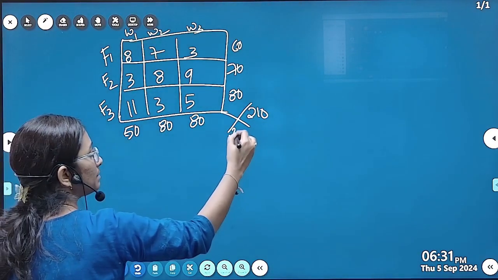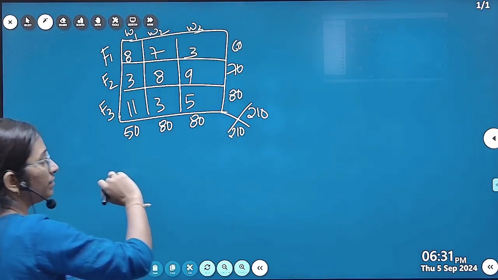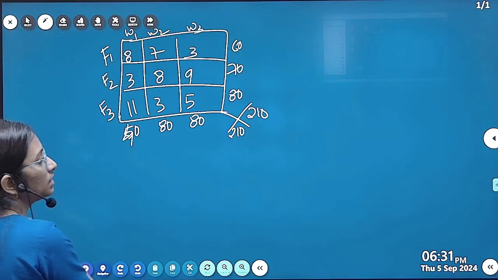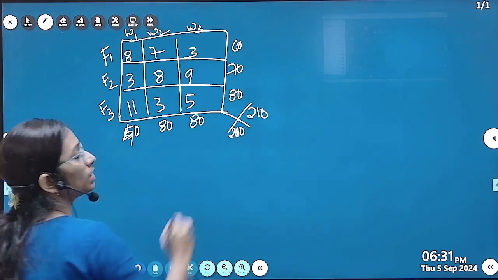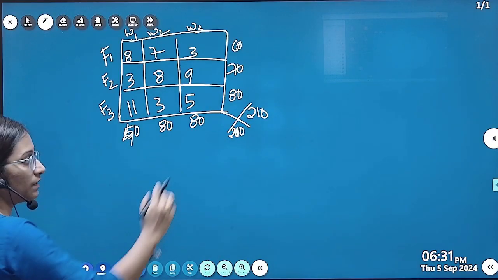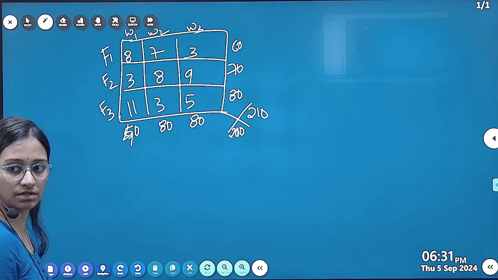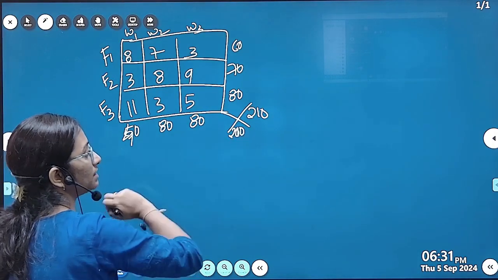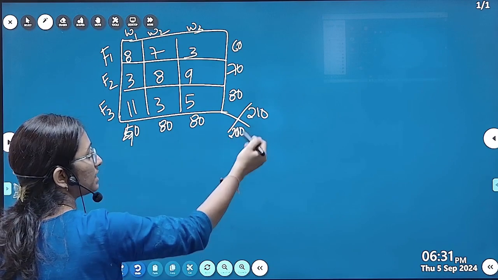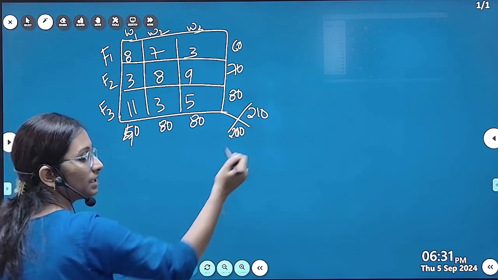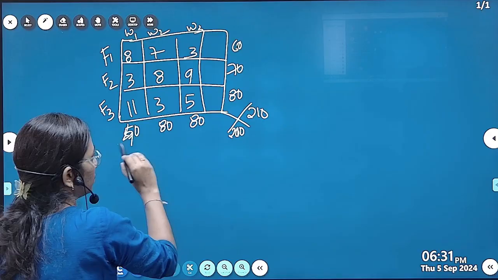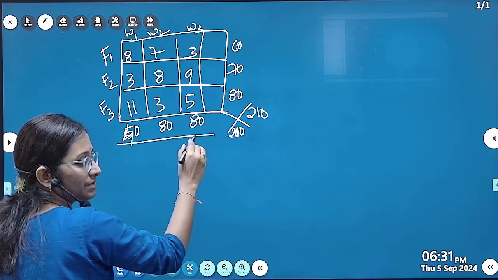So now this is a balanced question where we got, for example, like this is 40. Let us think this is 40. So now it will be 200 only. Okay. So now this is an unbalanced question. So now we need to make that balanced. So how do we need to make that balanced? So the difference is how much? 10. So this 10, column wise it is the difference, right?